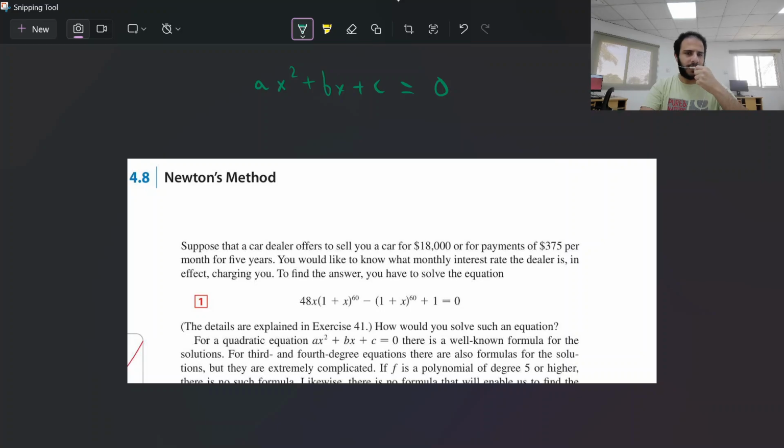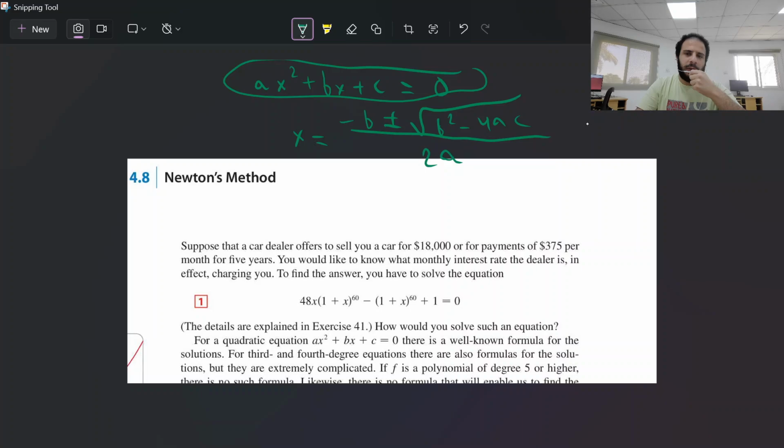We have a formula for this, right? The formula is x equals minus b plus or minus square root of b squared minus 4ac over 2a, right? So this equation is easy, we can solve it, just substitute the numbers, right?